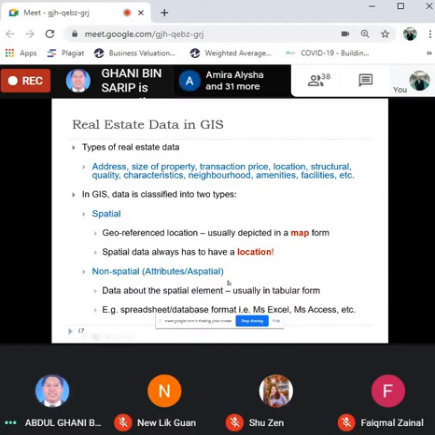But if we utilize a proper GIS software, that software already has these two database capabilities: to store spatial data, as well as to store the attribute data. So they have a built-in spreadsheet function in the software when we utilize a GIS software.